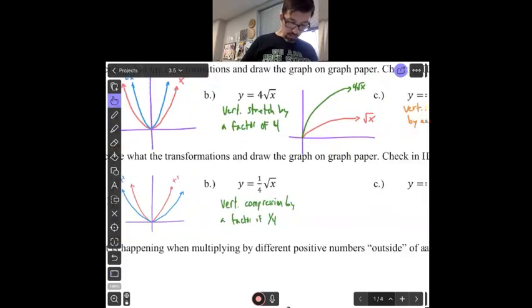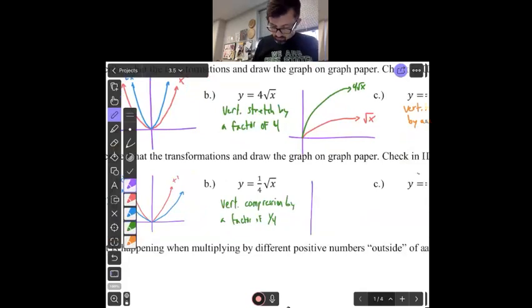And then we'll see here, x should look like this. We're saying it's really squished. It's kind of a pain to draw, a really flat curve. Okay.